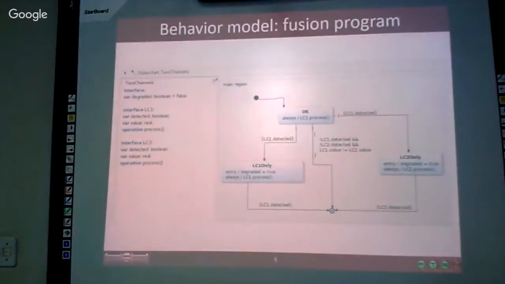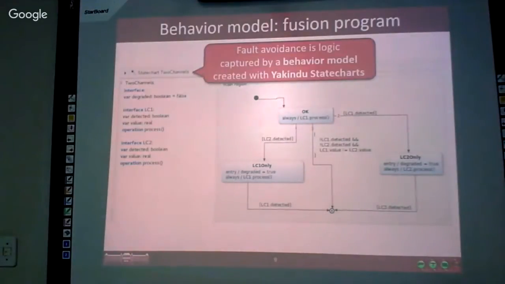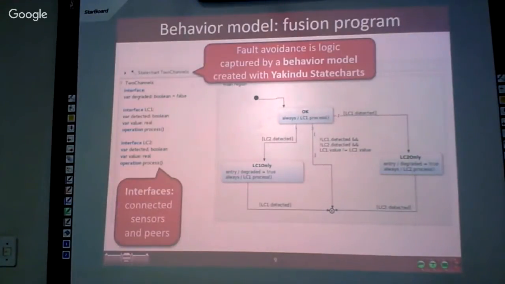We had the architecture model that you could see here, but we also had the fusion program, with the help of that tool that I formerly mentioned to you. So we used Yakindu to develop the sensor fusion program.